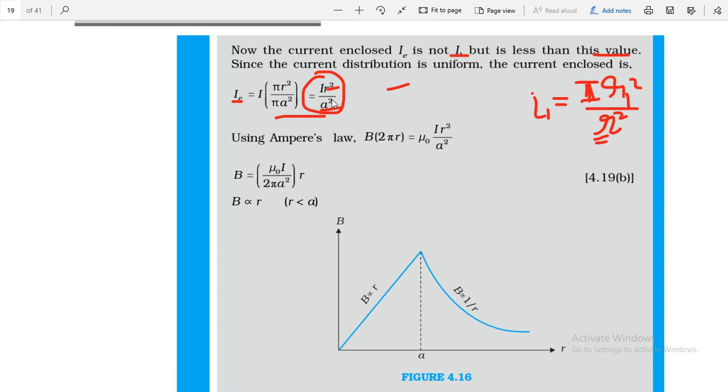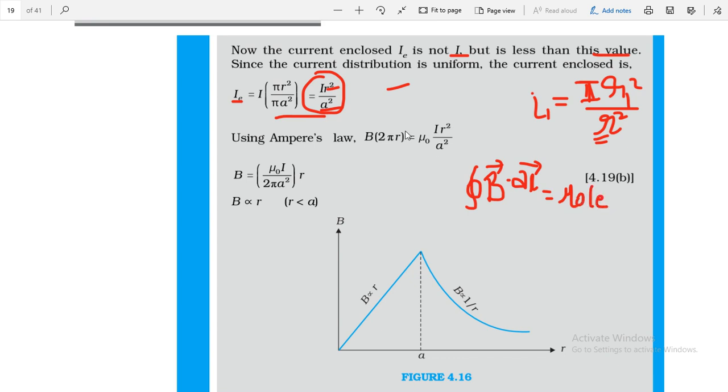Now we can use Ampere's circuital law, that is closed integral B dot dl is equal to mu naught times IE.